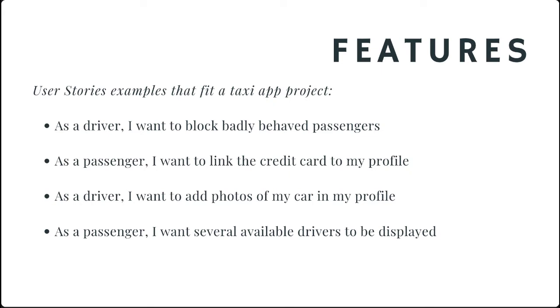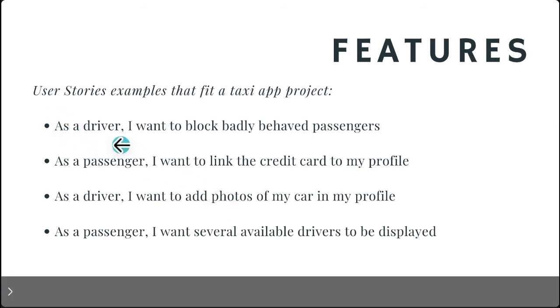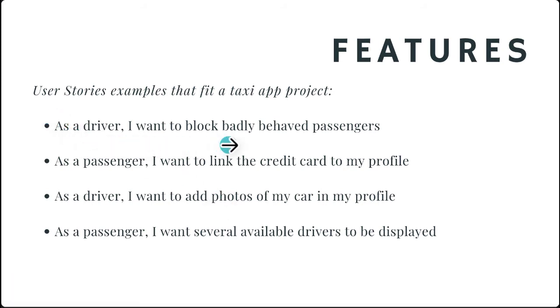So again, with that same taxi app project, so as a driver, so here we have that role, as a driver, I want to block badly behaved passengers. So this would be something that the product backlog would mention. The product backlog would have something in it that said, hey, we want to make sure that drivers can block their badly behaved passengers. And so we would write, as a driver, I want to block badly behaved passengers.